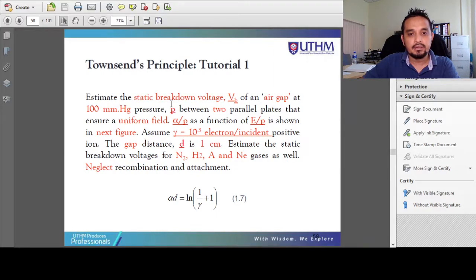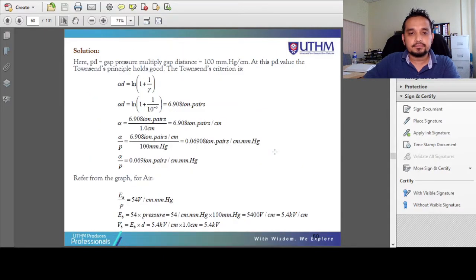We divide both the left side and the right side by the pressure.